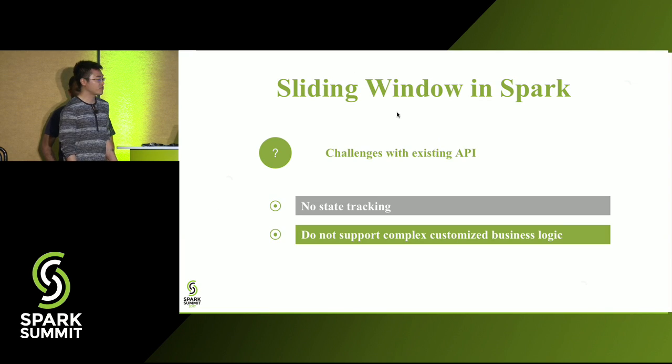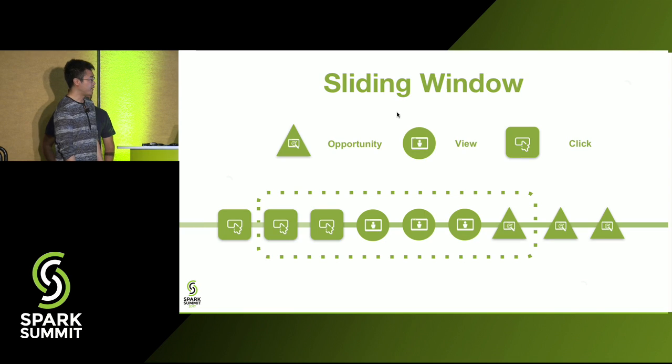The second issue is that the existing window API doesn't support very complex business logic, and for us that's also essential. For example, usually we assume that the opportunity, view, and click come in sequence: the opportunity first, then the view, and then the click. However, in this example, the clicks come first.